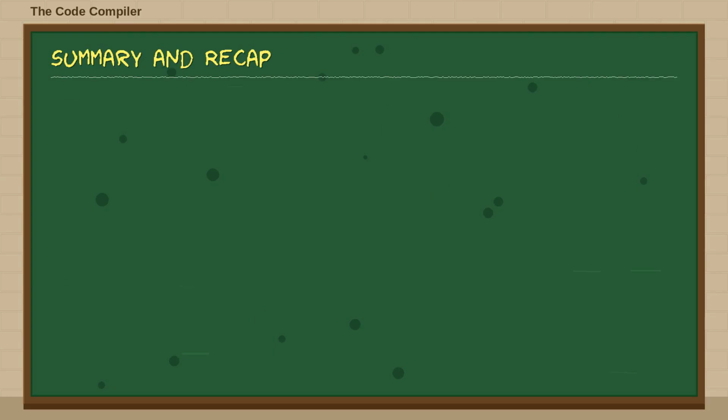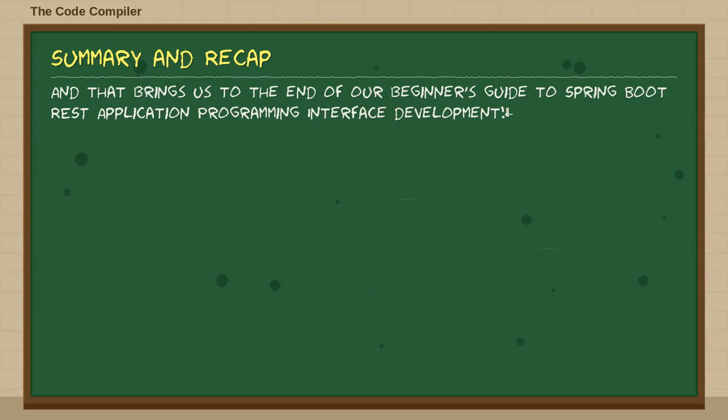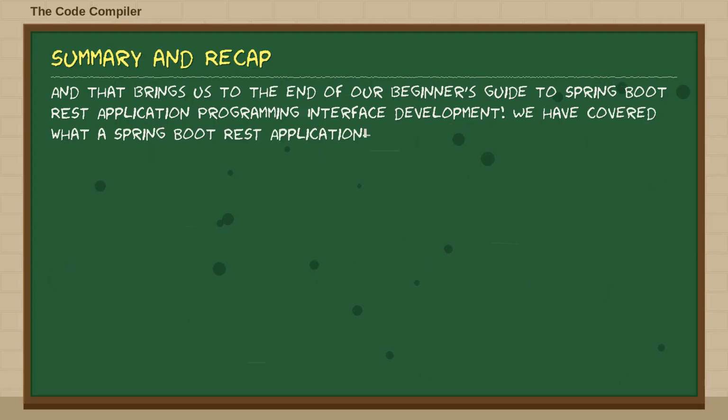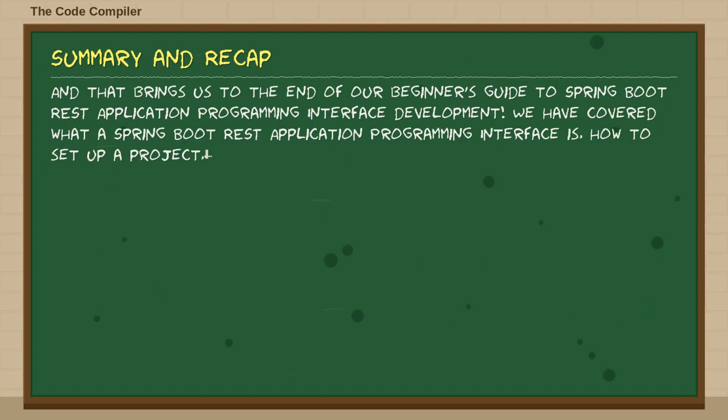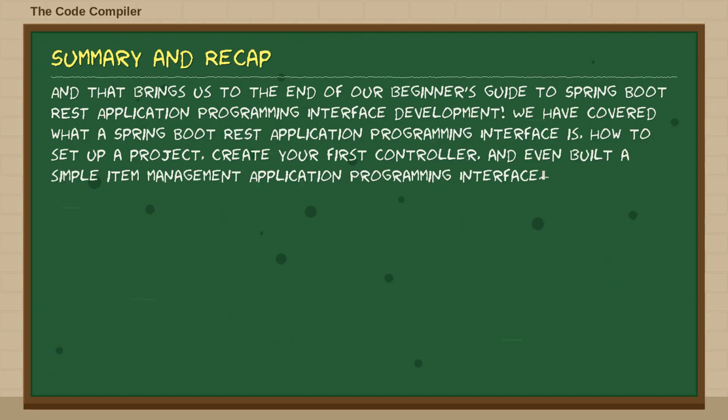And that brings us to the end of our beginner's guide to Spring Boot REST application programming interface development. We have covered what a Spring Boot REST application programming interface is, how to set up a project, create your first controller, and even build a simple item management application programming interface.